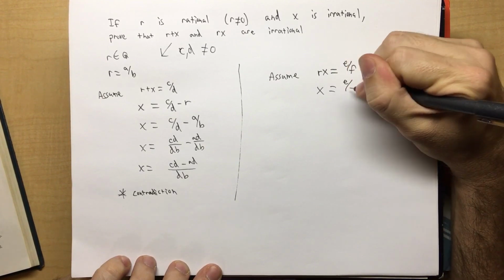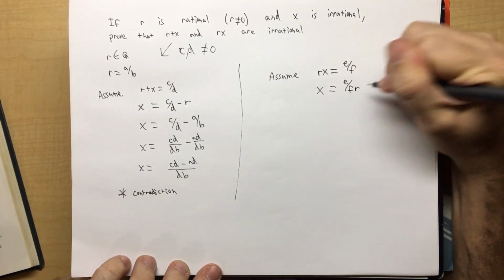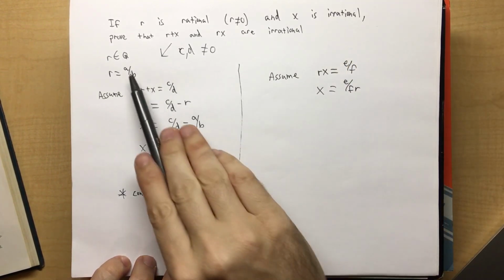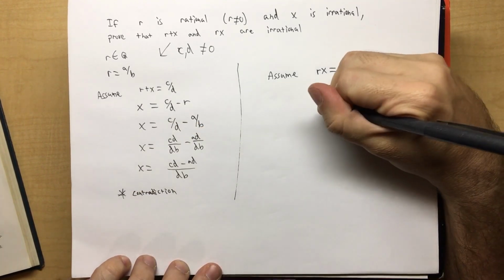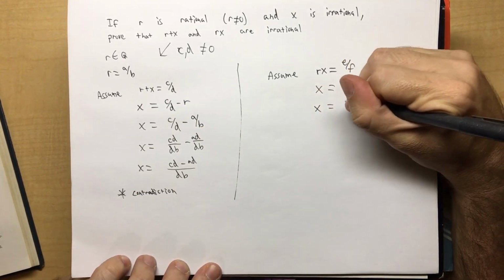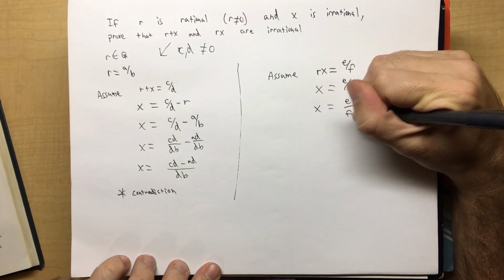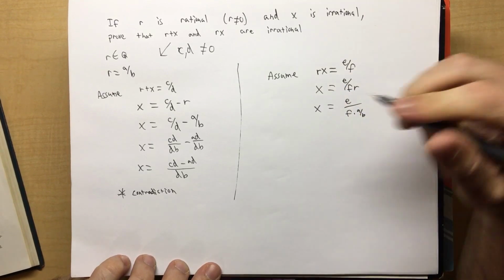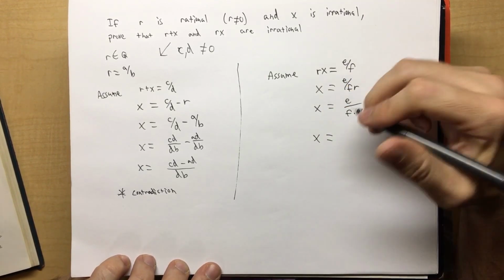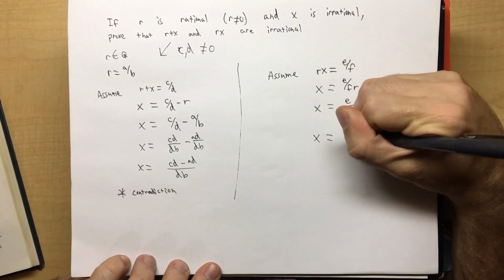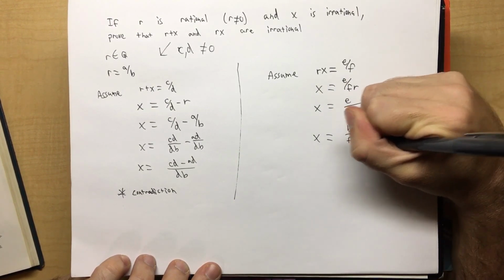So e over f over r. And r is nothing but a over b. So x is going to be e over f times b over a. So then x is going to be be over fa.